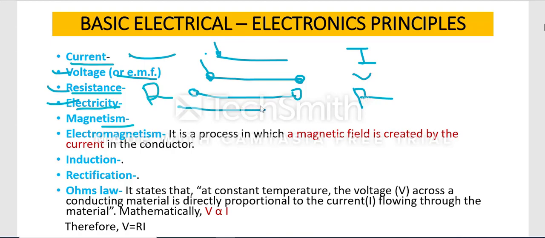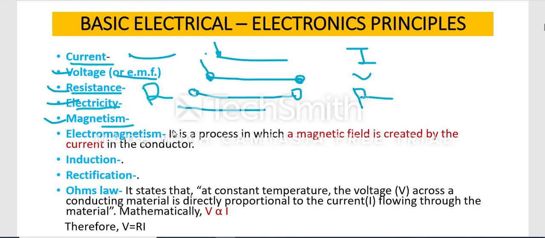So this is electricity. The next is magnetism. Magnetism is a physical phenomenon produced by the motion of electric charge, which results in attraction and repulsion of forces between objects.